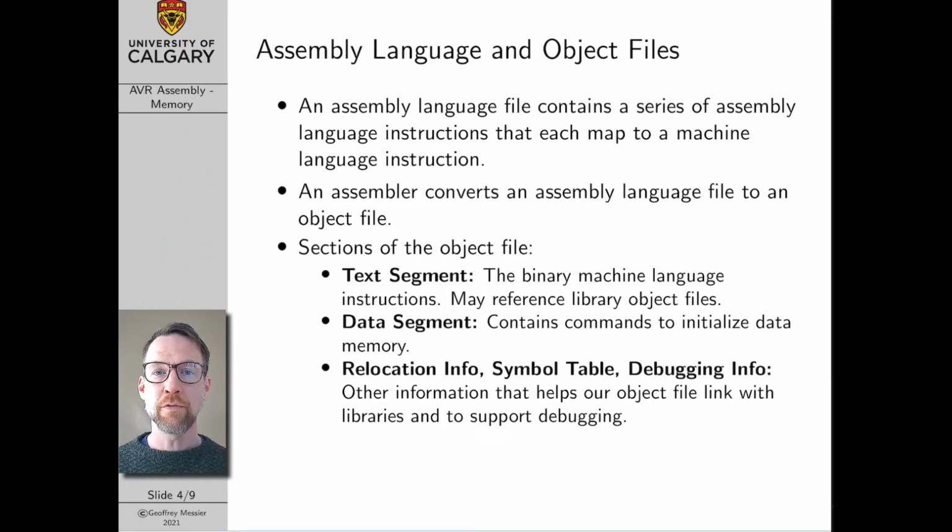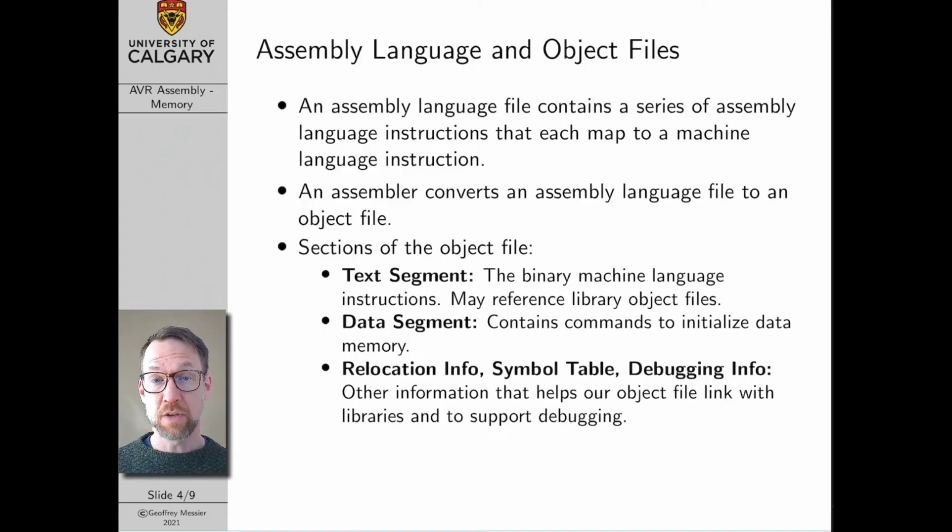If you recall from our discussion of high-level languages, toolchains, and compilers, a high-level language file, like a C file, is converted from C to assembly language by the compiler, and then the assembler converts the assembly language file into an object file.